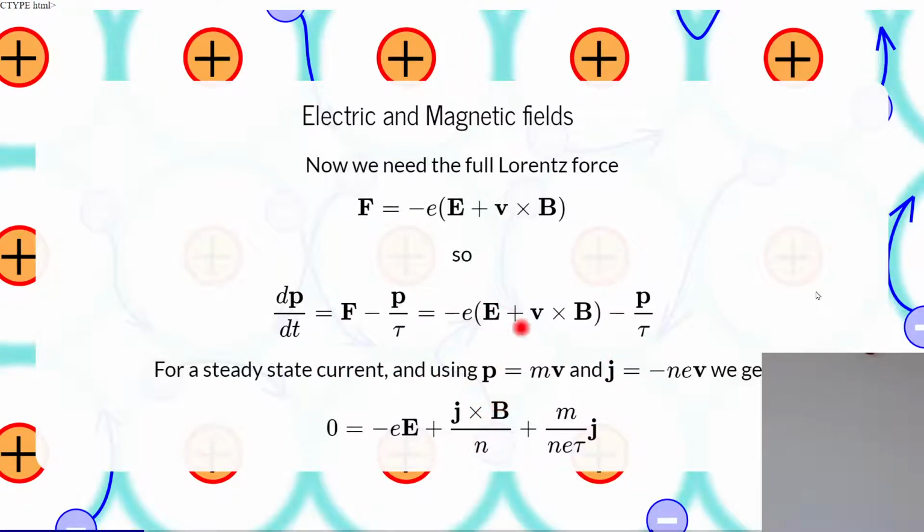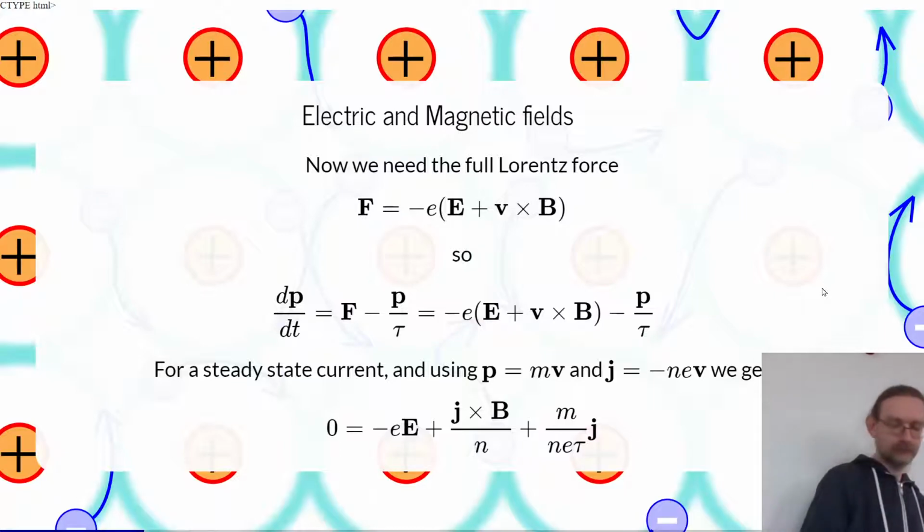So we're substituting in our relationship between the velocity of the particles and the current in the system. Essentially it's this linear relation: the current and the velocity are related by the density of electrons and the charge on the particles.